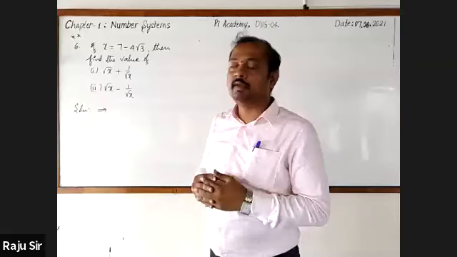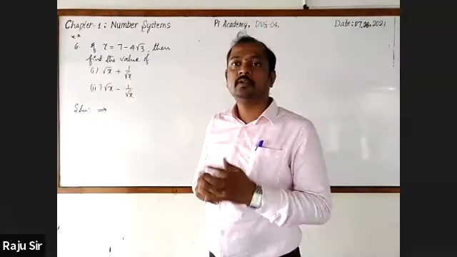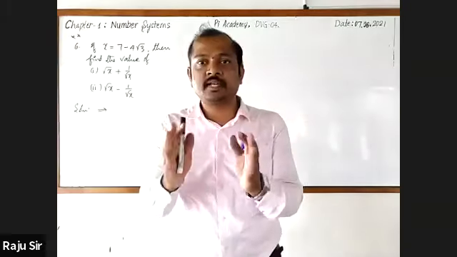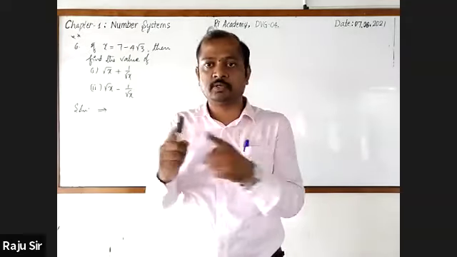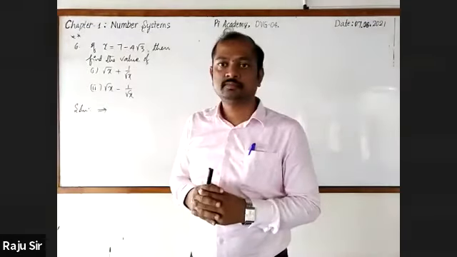Sir, root of 7 minus 4 times root 3, that is, the whole root of 7 minus 4 times root 3 whole square. I have given you 10 seconds for thinking.